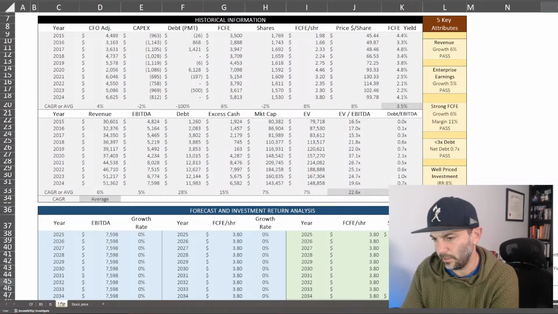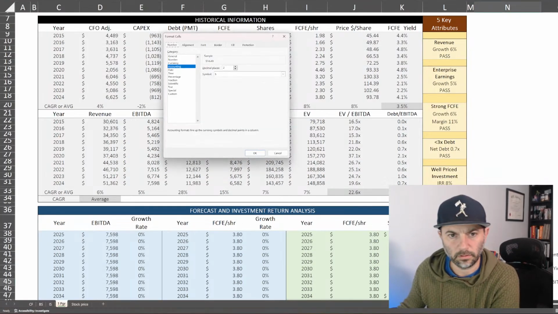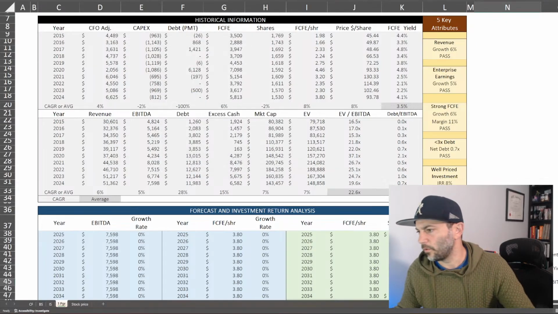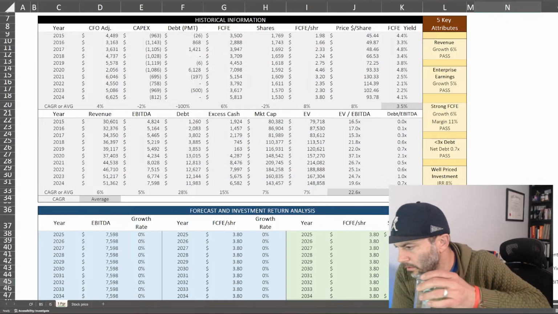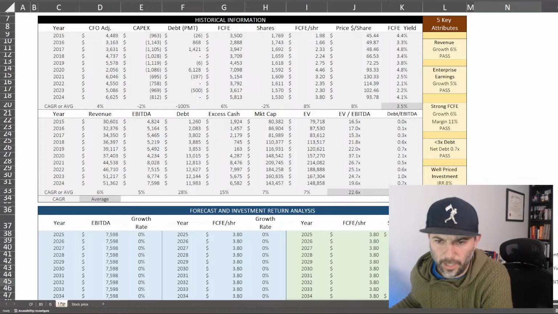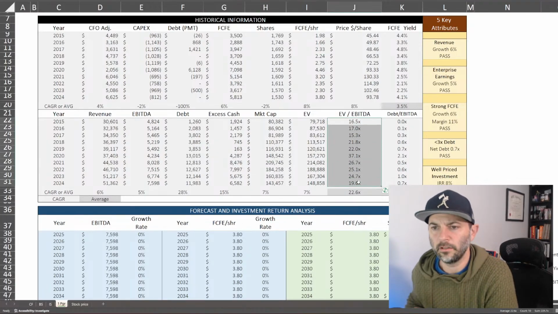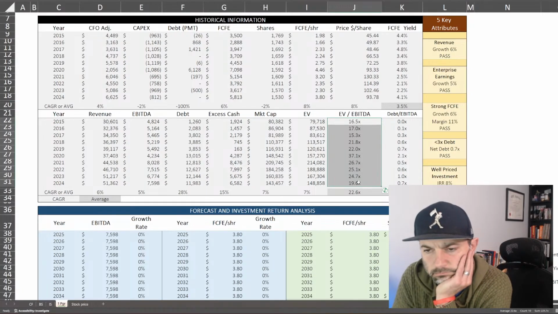So EV to EBITDA, market multiple, is 14. And that 14 has never been that cheap in the last 10 years.